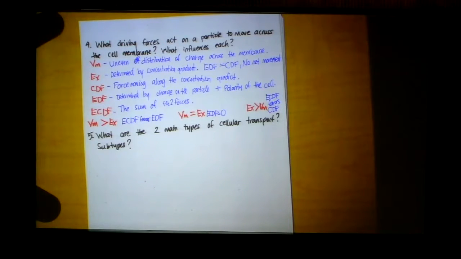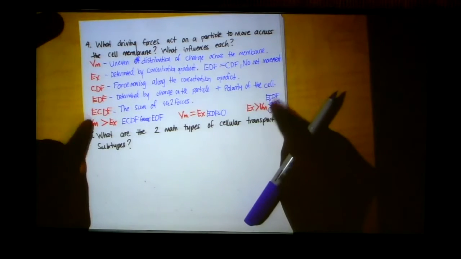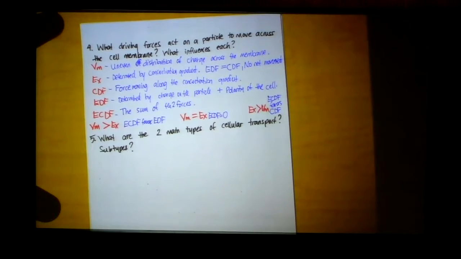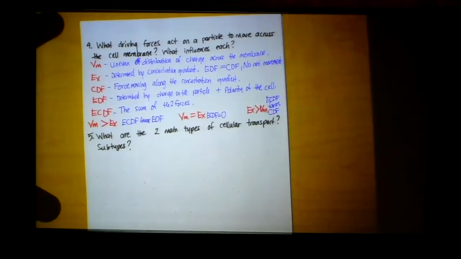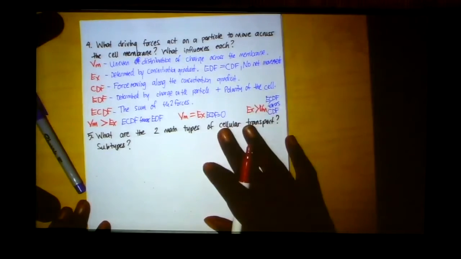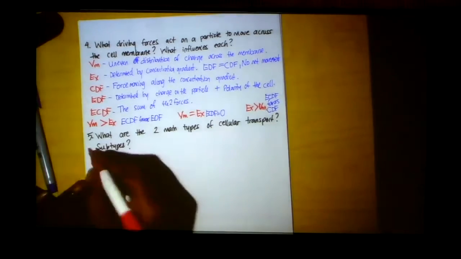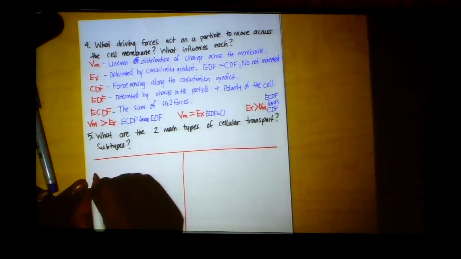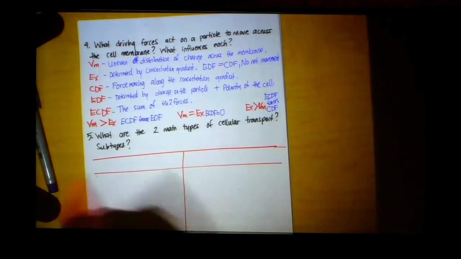Even if you have a scenario, make sure that you understand what's happening here. I'm not gonna go into excess detail about this again, but go over that flow chart that we went through and make sure that you can understand where the electrochemical driving force would go, whether into the cell or out of the cell, okay? And then lastly, let's look at the types of cellular transport. We talked about 2 main types, and then we talked about some further subtypes.